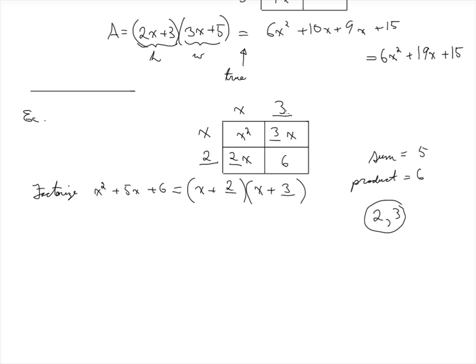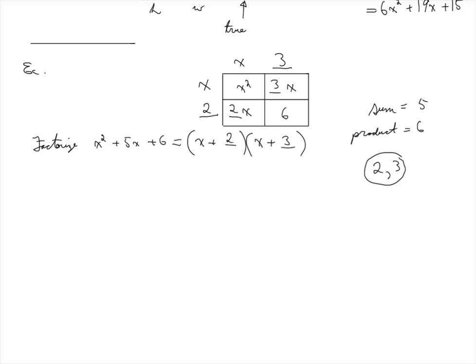Here's another example. Let's do 6x squared minus 13x minus 5.